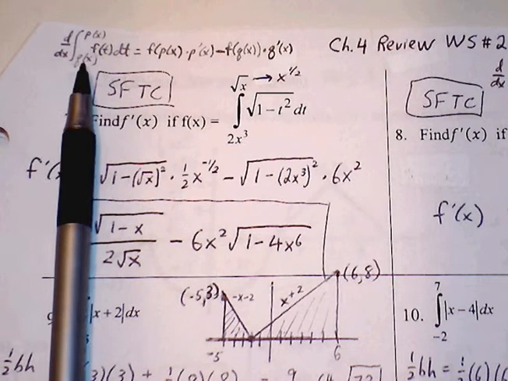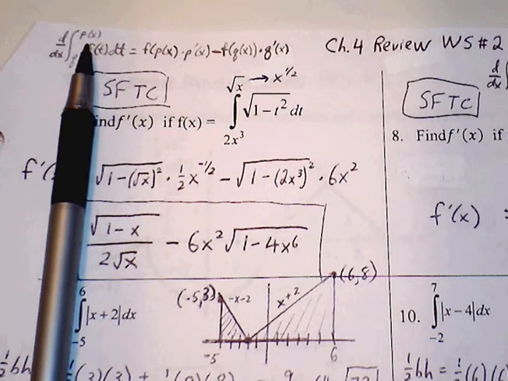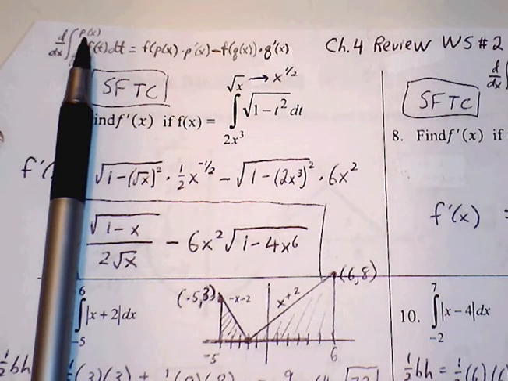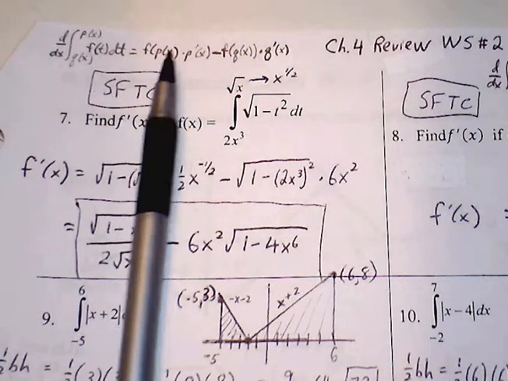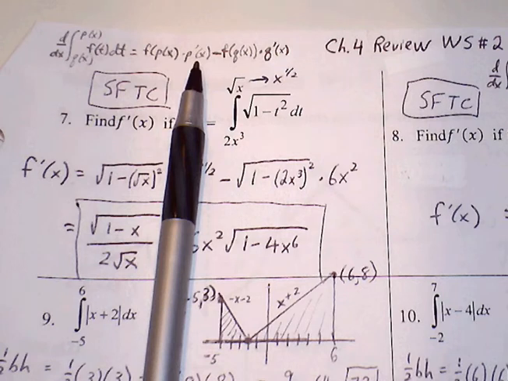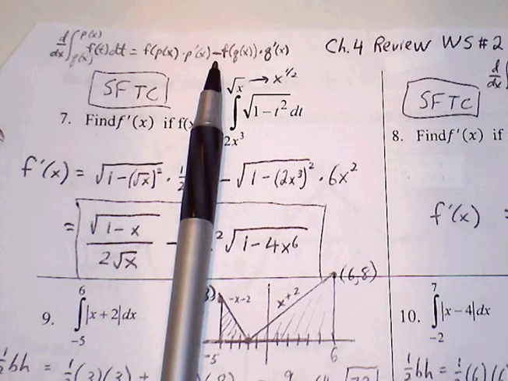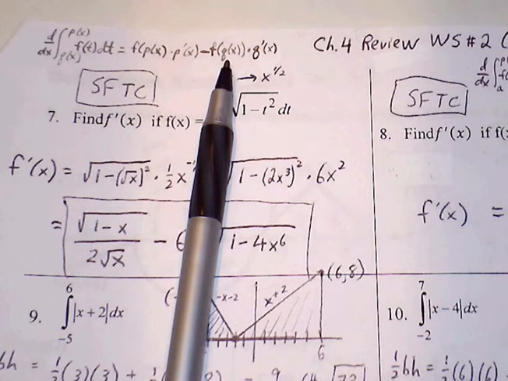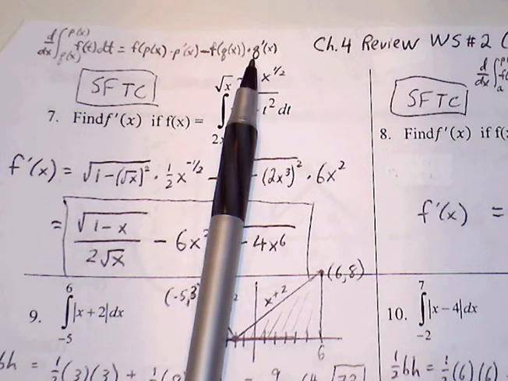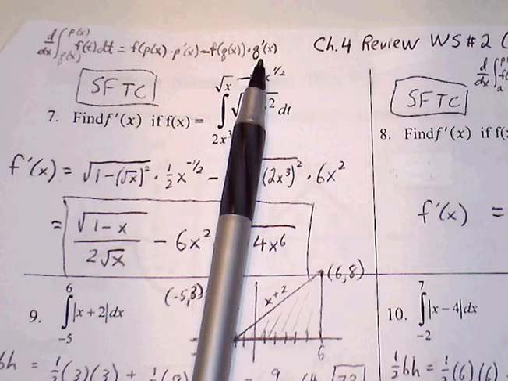We just have to make minor adjustments by dealing with the upper and lower bounds. So we plug the upper bound into the function, so f of p of x, multiplied by the upper bound's derivative, minus, now we plug the lower bound into the function, f of q of x, multiplied by the lower bound's derivative.